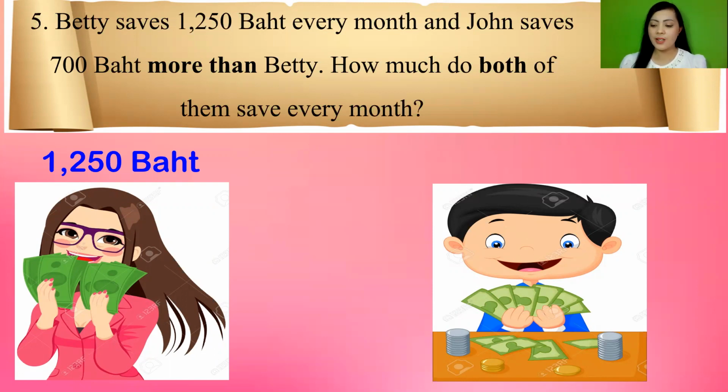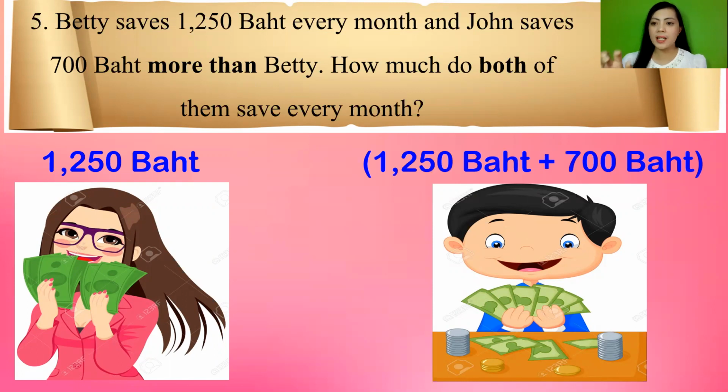Okay, so definitely 1,250 baht, that is for Betty, plus 700 because John has more money than Betty by 700 baht. So before we can find the money together from Betty and from John, we need to find how much money John saves first.